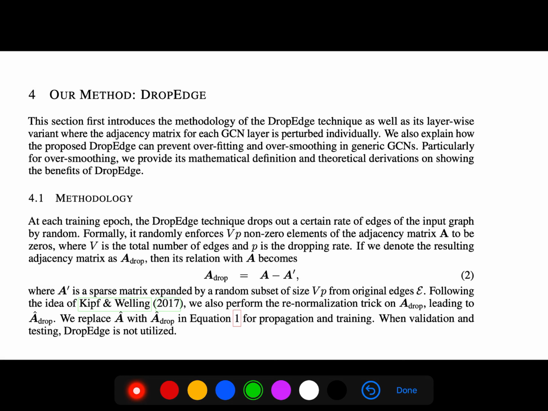So the methodology is like this. At its training epoch, the DropEdge technique drops out a certain rate of edges of the input graph at random. Formally, it randomly enforces VP non-zero elements of the adjacency matrix to be zeros, where V is the total number of edges and P is the dropping rate.